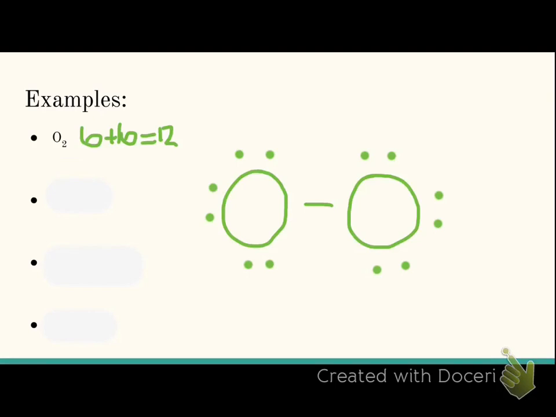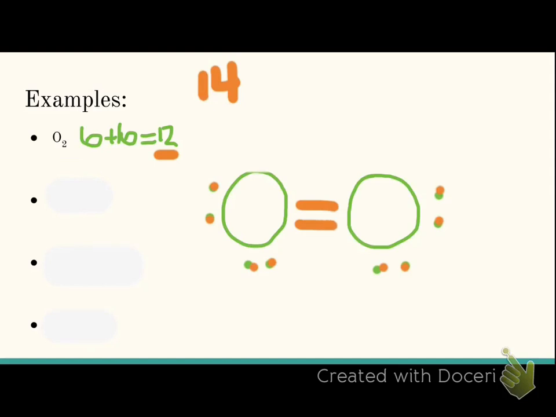So counting for our total, we have 2, 4, 6, 8, 10, 12, 14. So I have 14 and I need 12. I have too many. So I'm going to erase a lone pair from each one and then put a double bond between them.